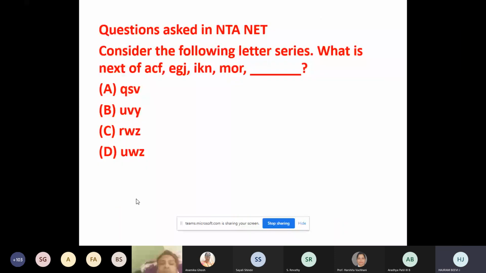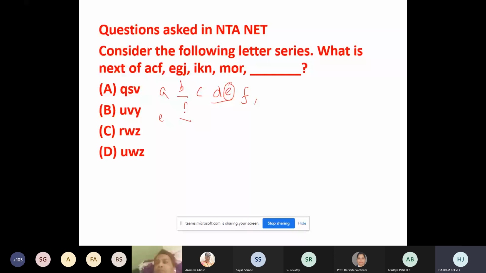Then the next one, consider the following letter series. What is next of ACF, EJ, JIKN, then MOR? So A, then skip one letter, C, then D, E, then F. Then here we are starting the next one: E, then skip F, then G, H, I, J. So skip two letters.